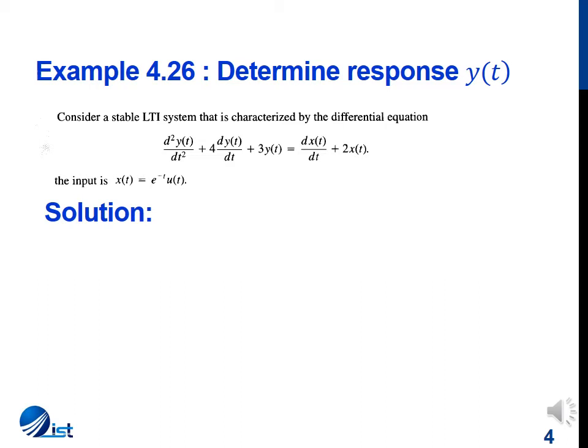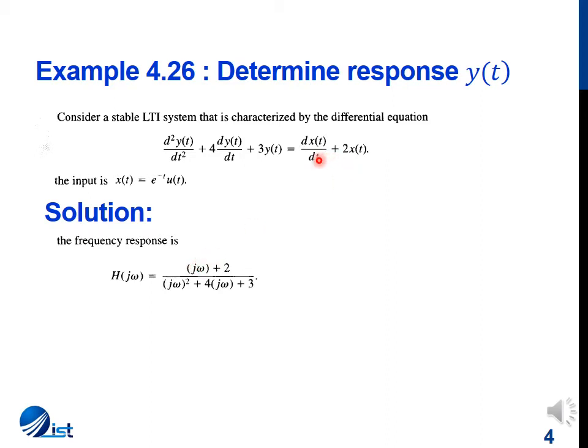Now the steps following will be similar to how we solved the LCCD equation through the Laplace transform. So the frequency response we can write directly from this equation by taking Fourier transform on both sides. We remember that the coefficients for the input come in the numerator.